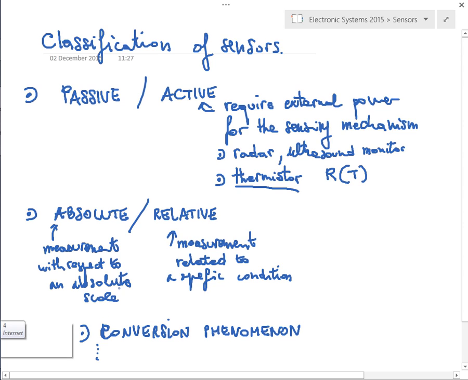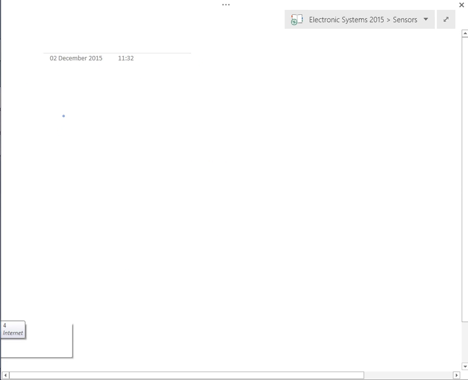Okay, how do we discuss the sensors and what are the, let's say, important quantities when we discuss about sensors in general? So we need to consider this fact.